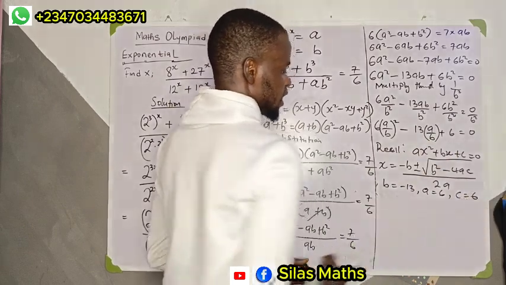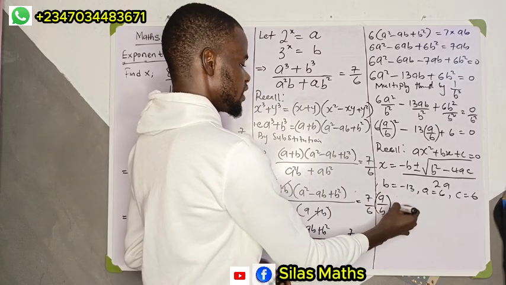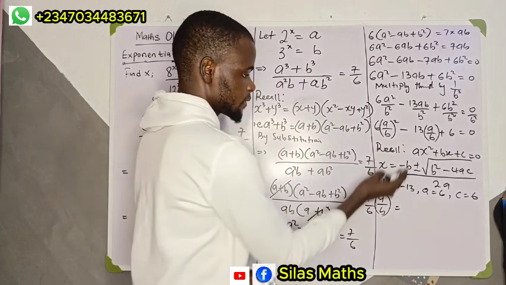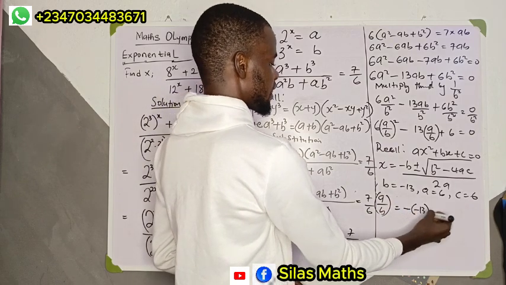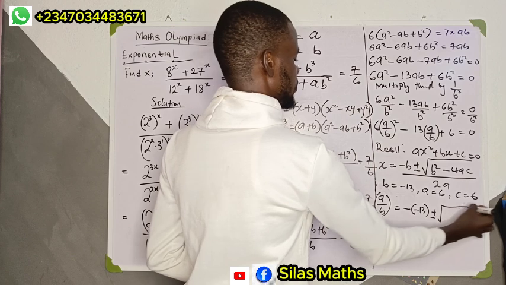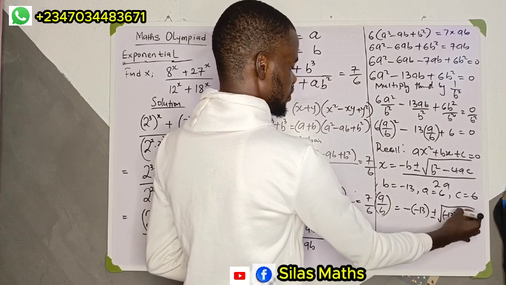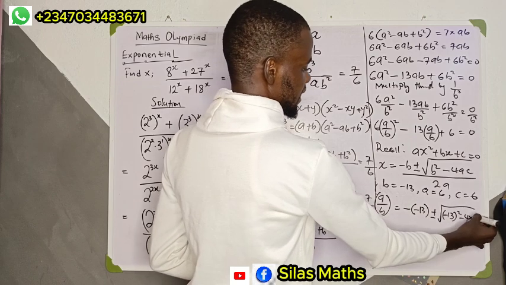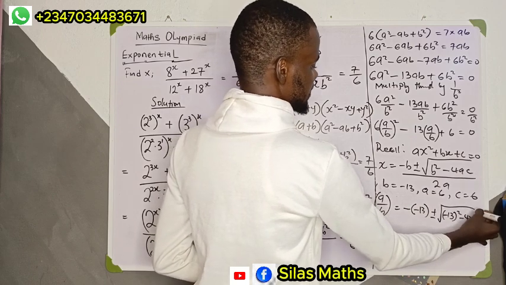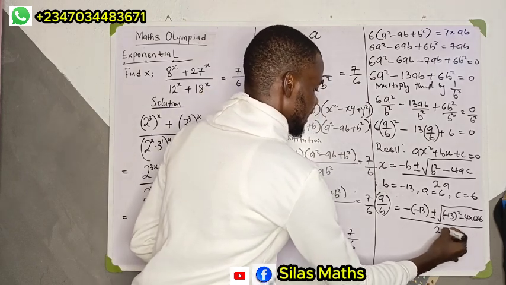Applying that, a over b is now equal to, let's substitute: minus into bracket minus 13, plus or minus the square root of minus 13 to the power of 2 minus 4 times 6 times 6, all over 2 times 6.